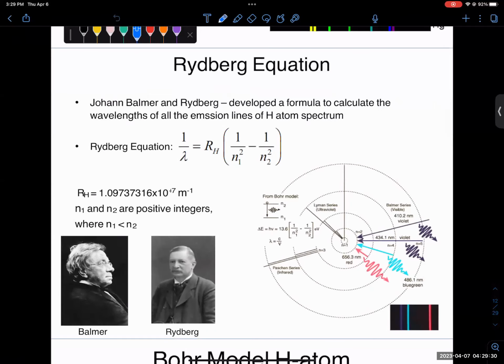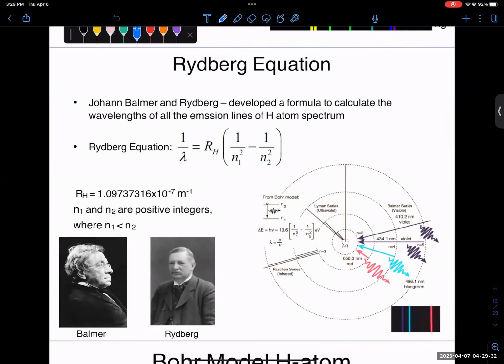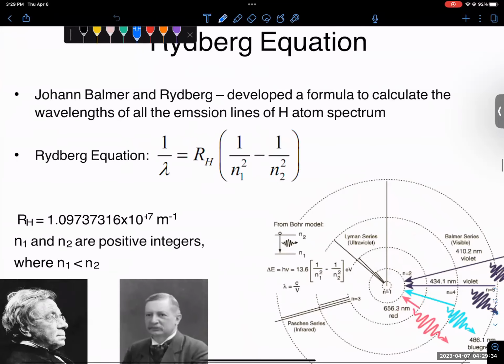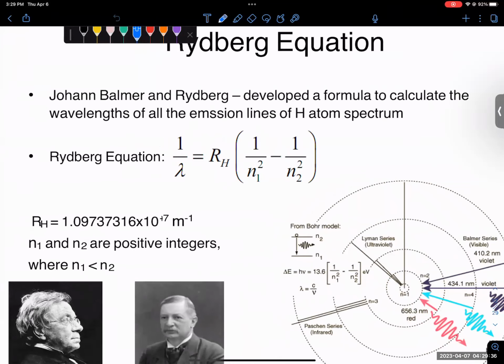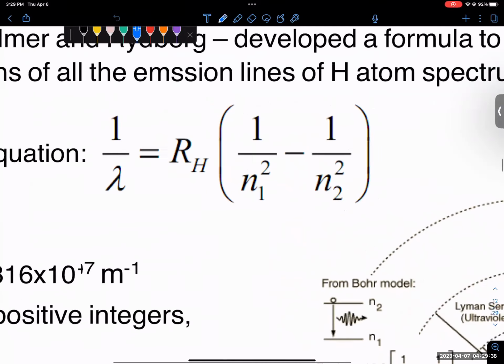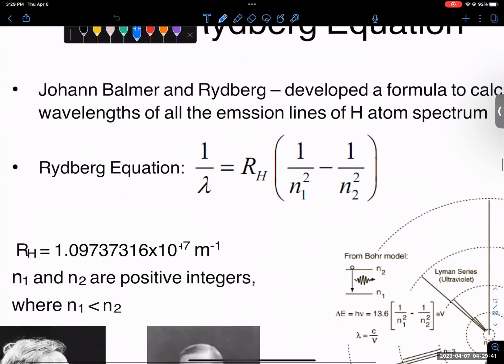Where n1 is greater than 2. If you do it like this, where n1 is the 5, what would I get? Negative 5. Yeah, that's weird.